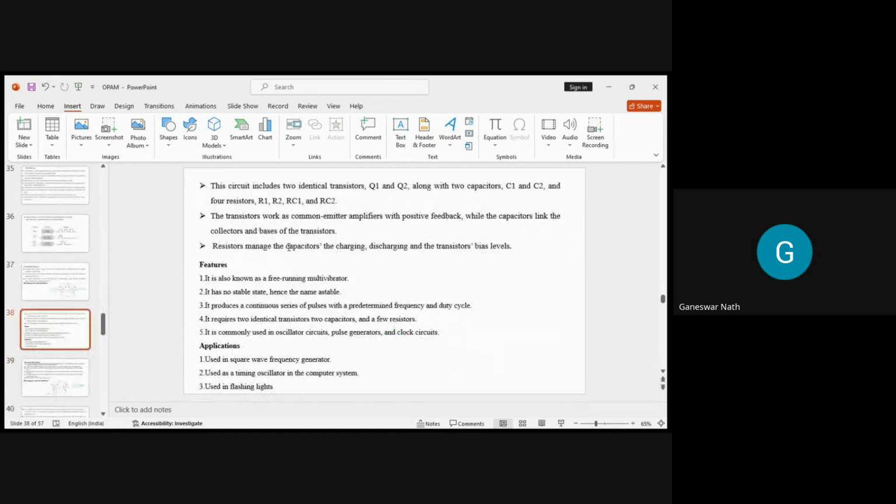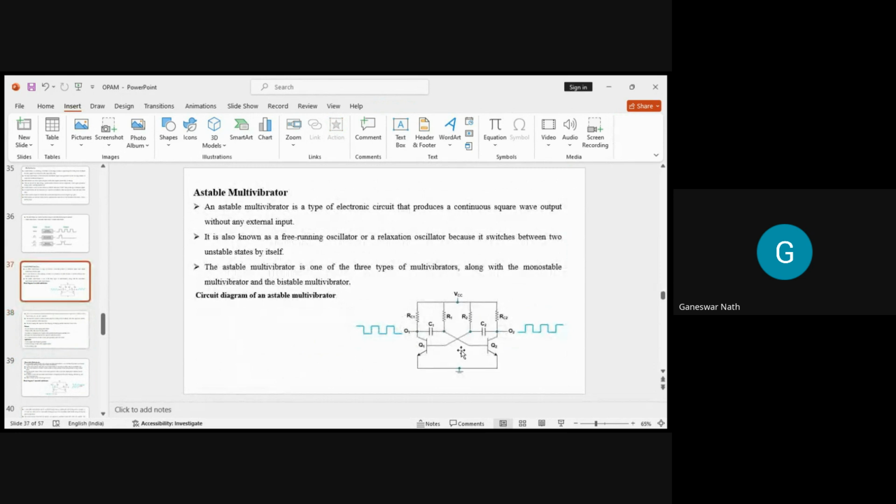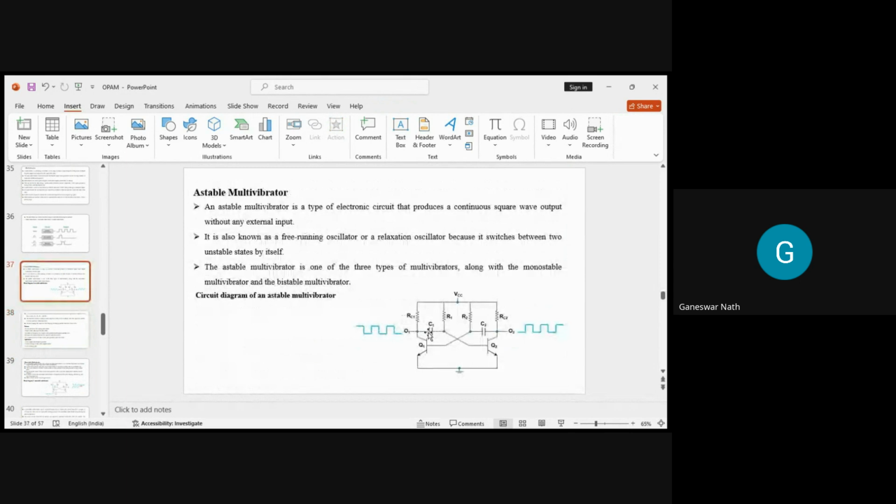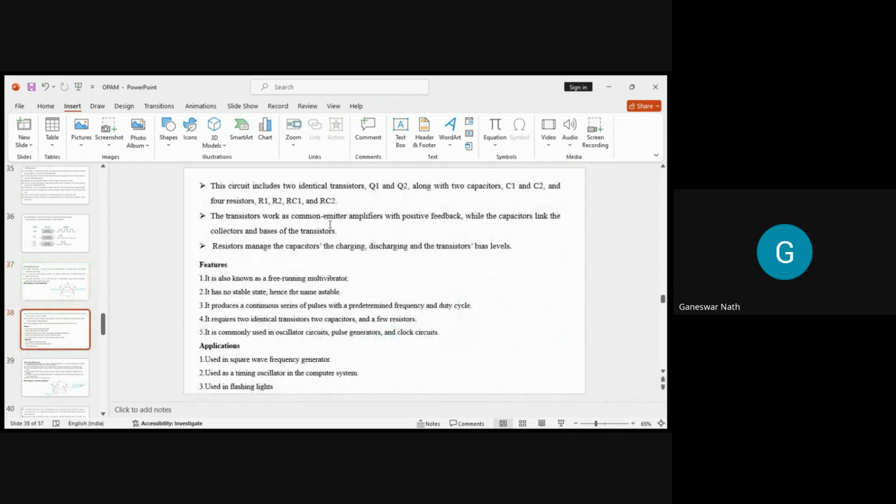Now, this circuit includes two identical transistors Q1, Q2. You can see this is Q1, Q2, along with two capacitors C1, C2, and four resistors R1, R2, and also RC1, RC2 here.